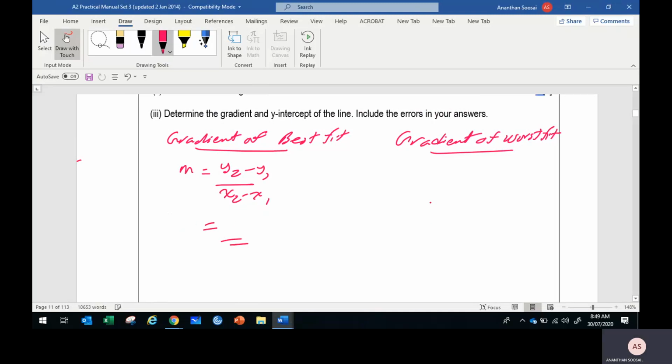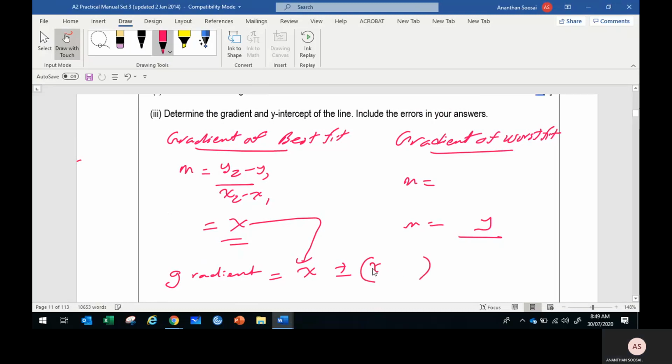Get your readings. Finally, the gradient is its value, with this x and y. The error must be x minus 1.